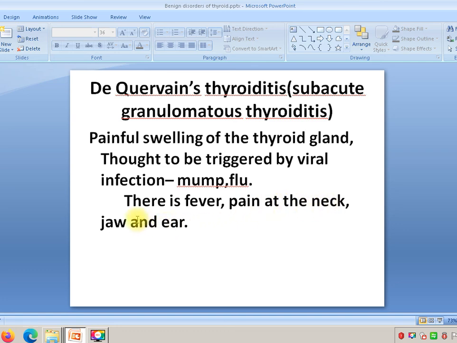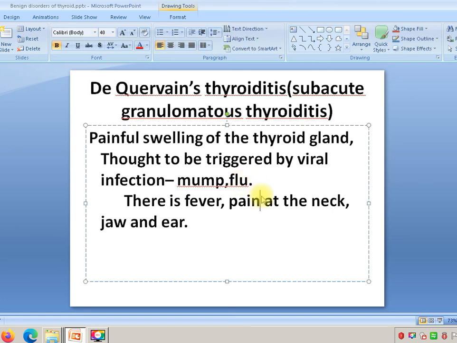Pain can also be present over the jaw and ear. It is thought to be triggered by viral infections, mumps, flu, etc. So if these are happening, then we may consider that the patient is suffering from de Quervain's thyroiditis, that is, subacute granulomatous thyroiditis.